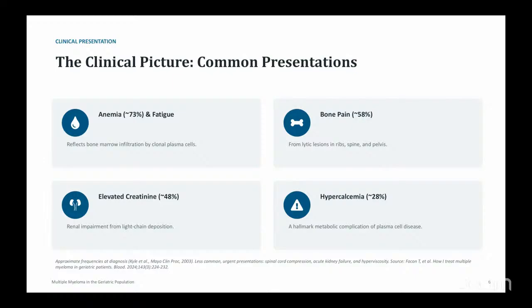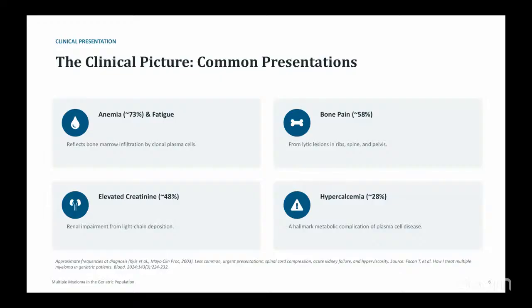Starting with anemia, it happens in about 73% of patients, associated with fatigue and the signs and symptoms of anemia. Anemia usually reflects bone marrow infiltration by clonal plasma cells and bone marrow failure. The second most common presentation is bone pain, at about 58%, resulting from lytic bone lesions that could be in the ribs, spine, and pelvis.